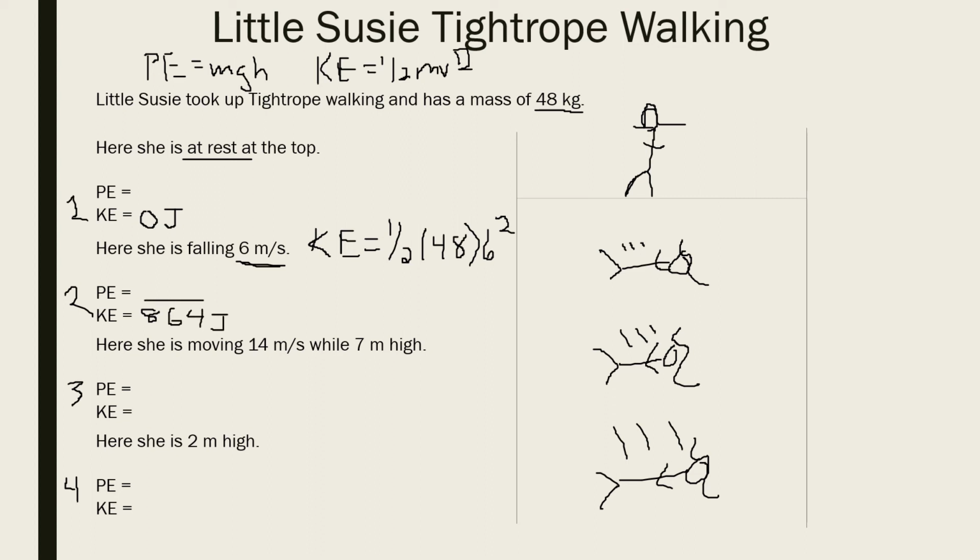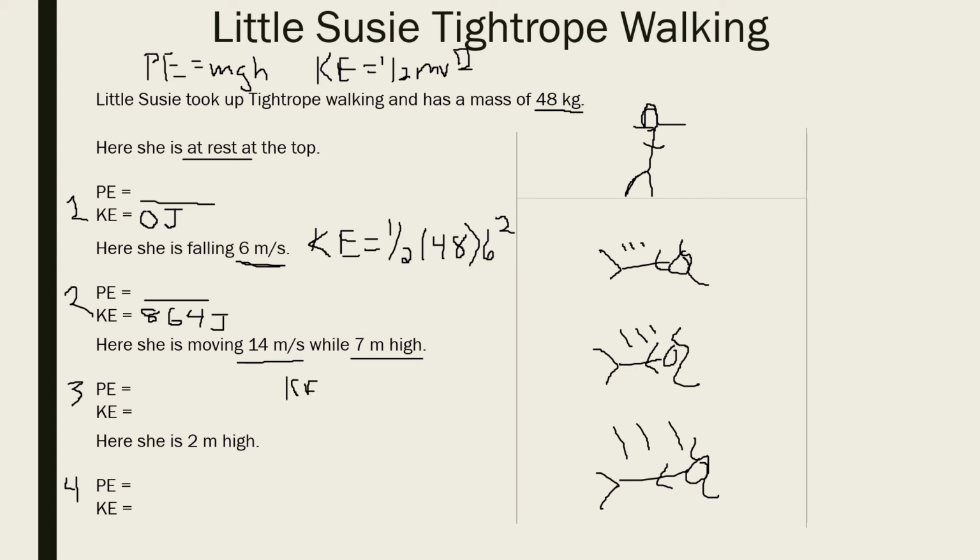Now, I have no idea what the PE is at either of these spots yet, but that's okay. I'm going to fill in what I can, and then I'm going to jump around. Here, in spot 3, she's moving 14 meters per second while 7 meters high. Oh, that's interesting. We've got 2 pieces of information. With 14 meters per second, I can get the KE.